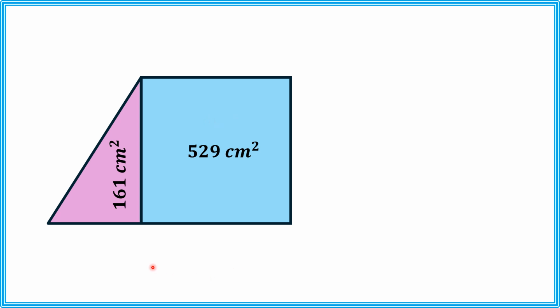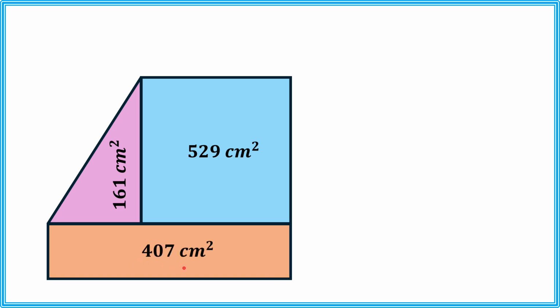A rectangle is placed in such a way that one of its sides coincides with both these lengths, and it has an area equal to 407 centimeter square.